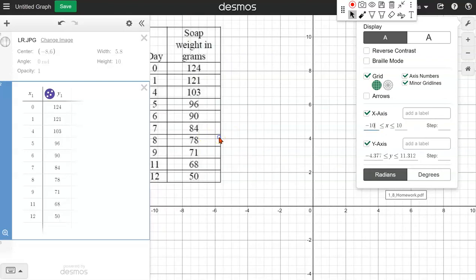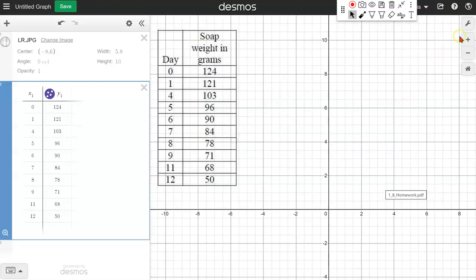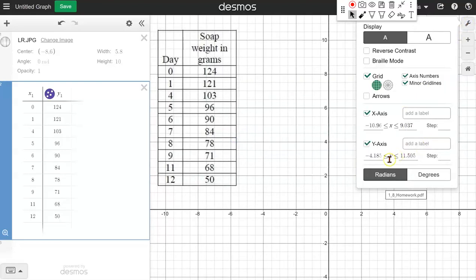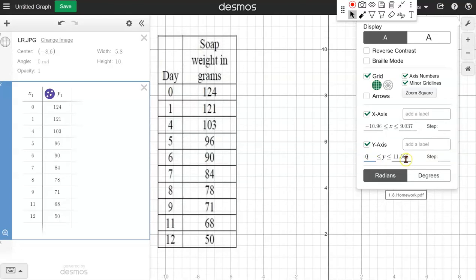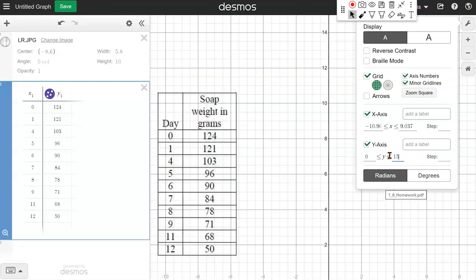Then you have to change the y-axis. Look at your lowest and highest here. This is what we did last time. We have the lowest 50 and highest 124. So maybe let's try from 0 up to let's say 150.